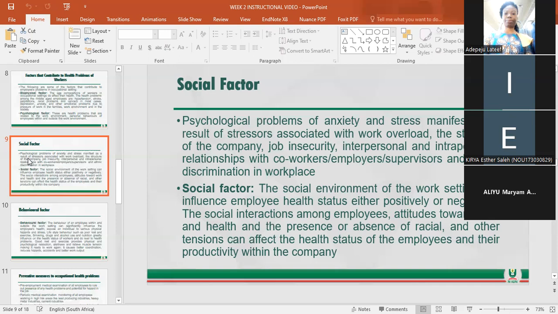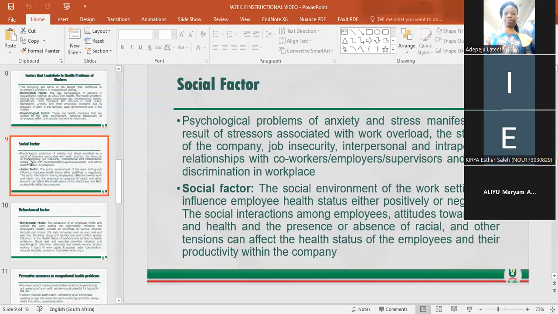We also said psychological problems or anxiety or stress, all these. You've accumulated so much stress and you're still working. And aside from that, there are individuals that if they don't have a good working relationship with their colleagues, it pains them.